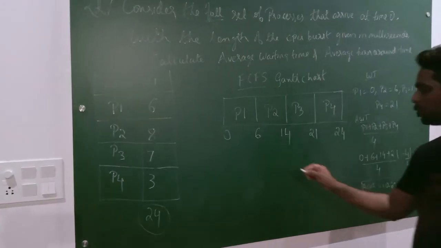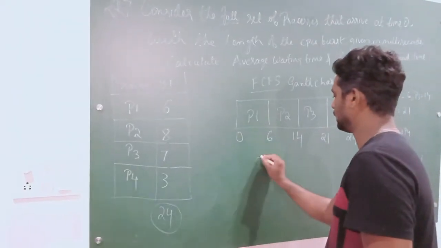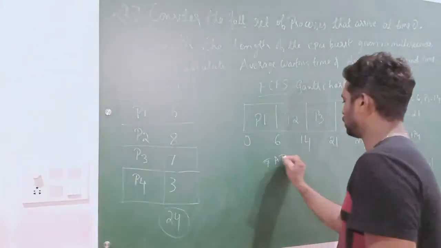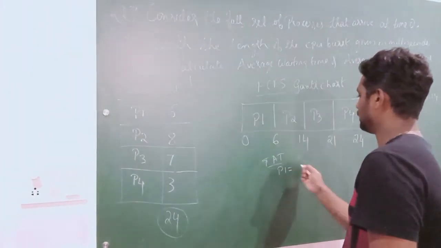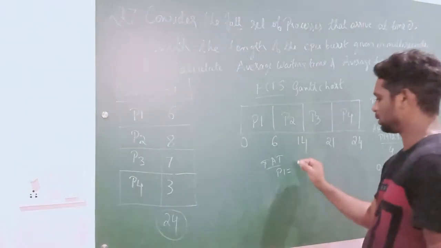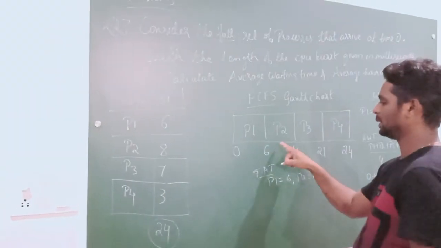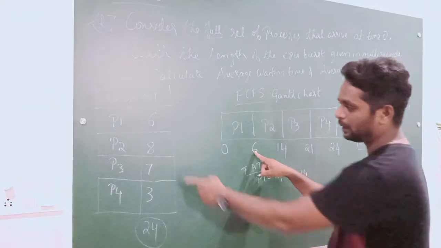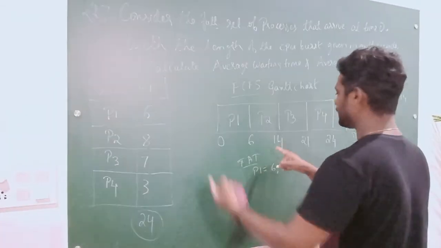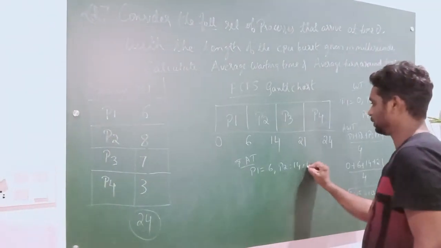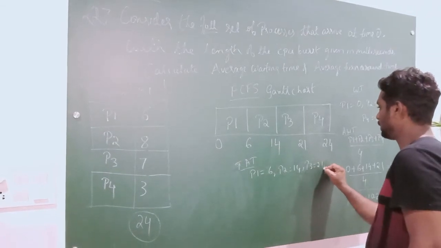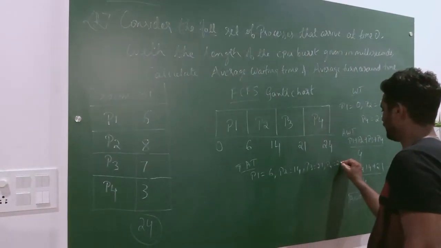In the same way, turnaround time, TAT. P1 towards right, you check 6. P2, 14. When it was repeated 6 and it needs how many seconds? 8 seconds. So 6 plus 8 is 14. Towards right, easy. So P3, 21. P4, it is 24.